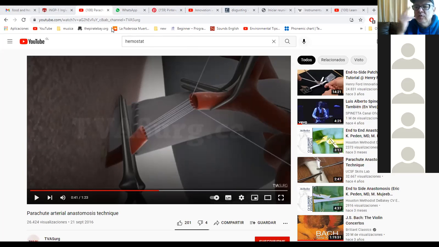3 general ones and 2 surgical tools, surgical instruments. The surgical instruments are used for surgery. Surgery, para cirugías. The surgical instruments are used to do or to perform surgeries, right? And what is the name of the doctor? Do you know the name of the doctor who does or performs surgery?